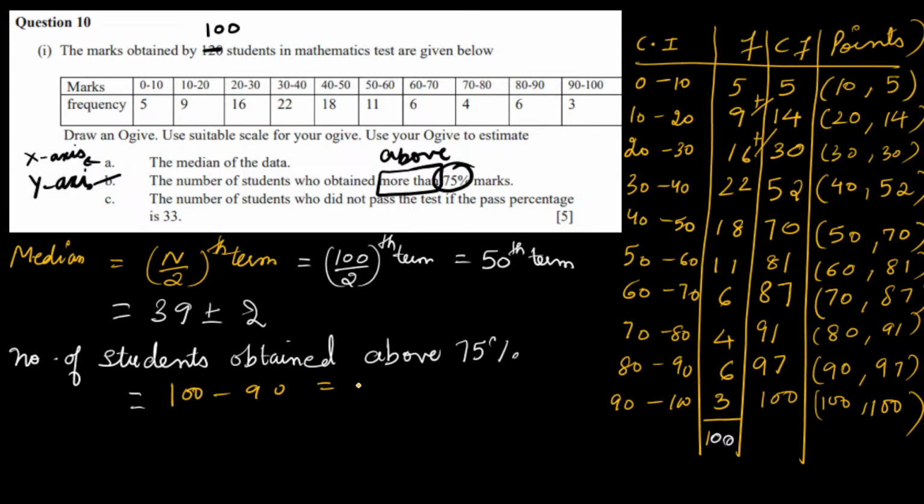We are getting 90, but above that point we have to find. So from the total of 100 we subtract 90 and get the number of students above 75%.